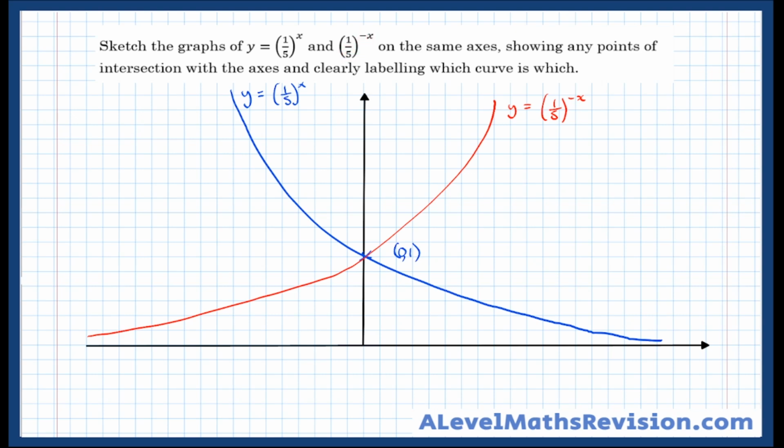So 1/5 to the minus x must be growth, because we've got a number smaller than 1 but bigger than 0 being raised to a negative power. So increasing x is going to make this bigger. So there we have it, and both crossing at 0, 1, and we have an asymptote here at y equals 0.